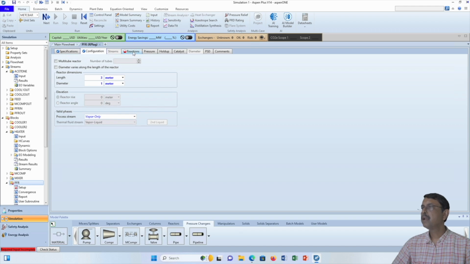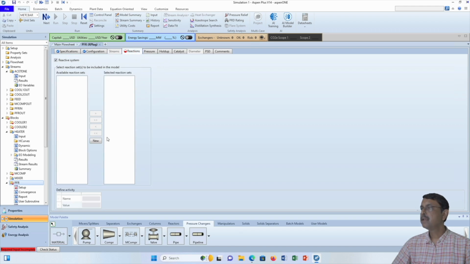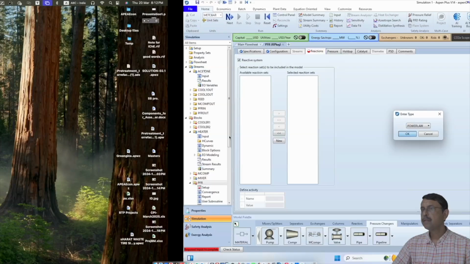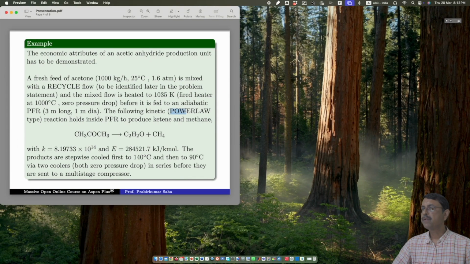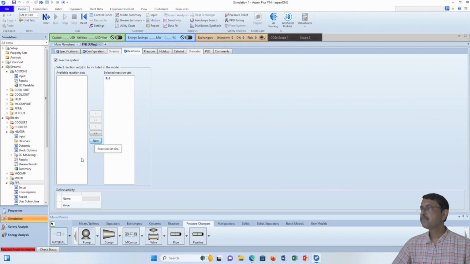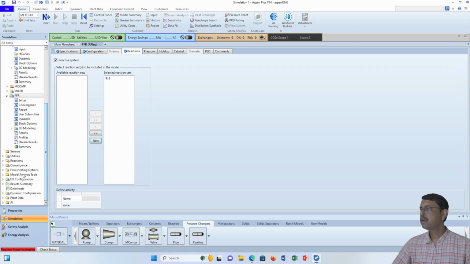Okay. Now go to the reactions. In the reaction, we have to set a new reaction, which is a power law type reaction. And we have to define the reaction over here.